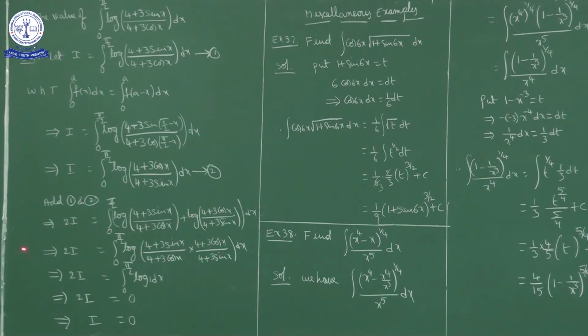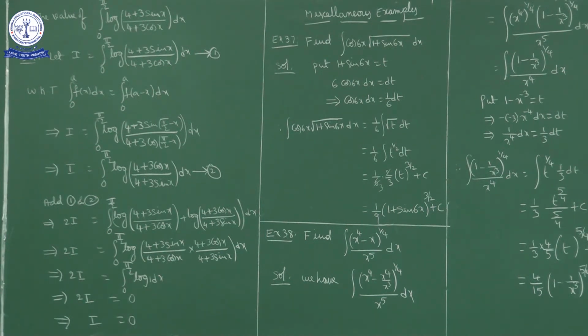Using this property we have 2I is equal to integral 0 to pi by 2 log of (4 plus 3 sin x) upon (4 plus 3 cos x) into (4 plus 3 cos x) upon (4 plus 3 sin x). So 4 plus 3 cos x cancels, 4 plus 3 sin x cancels. So nothing but log 1. So 2I is equal to integral 0 to pi by 2 log 1 dx. Log 1 value is how much? 0. So 2I is equal to 0, which means I is equal to 0. That is the final answer.